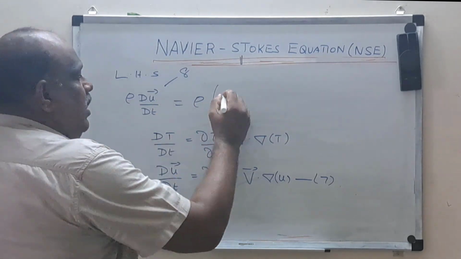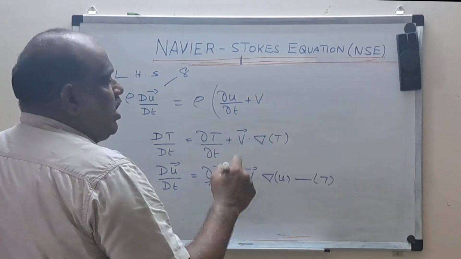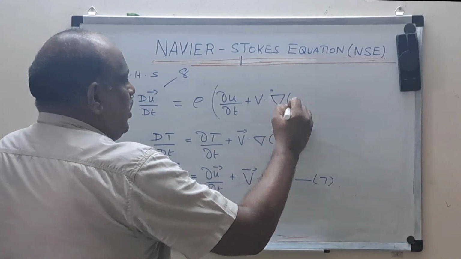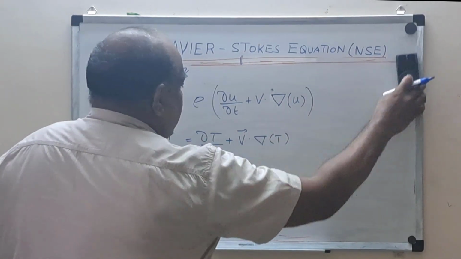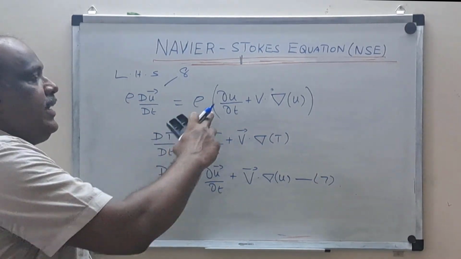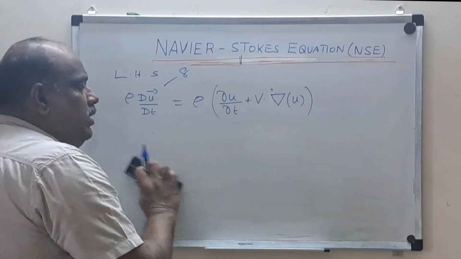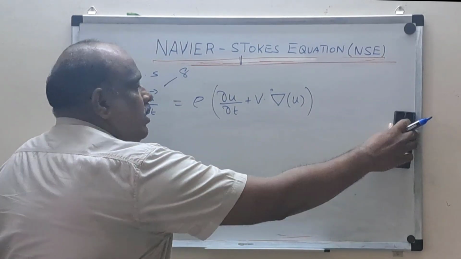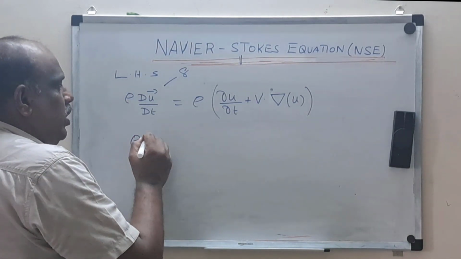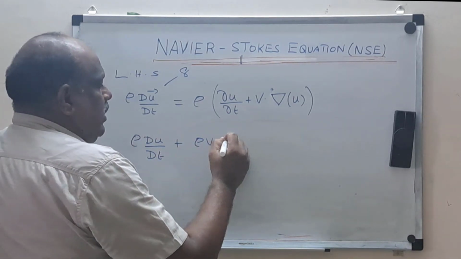Du by Dt is nothing but dou u by dou t plus v, this v is the velocity, velocity dot del of u. Based on the substantial derivative, we are expecting the term for Du by Dt as dou u by dou t plus v dot del of u. Please refer to my earlier video on this substantial derivative. Now this term becomes like this: rho into dou u by dou t plus rho v into del of u.